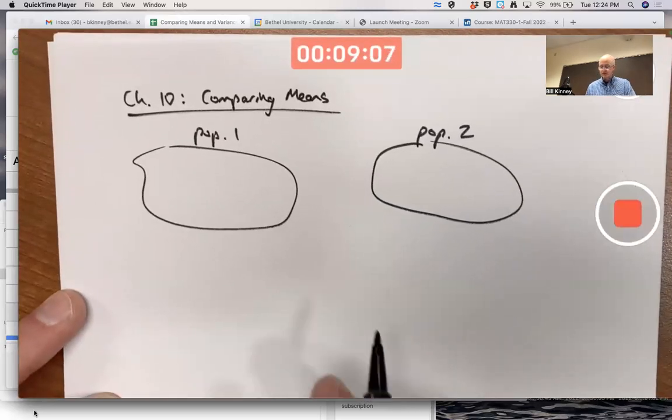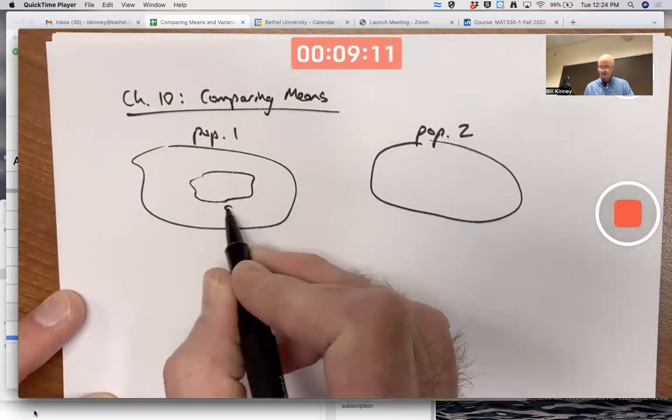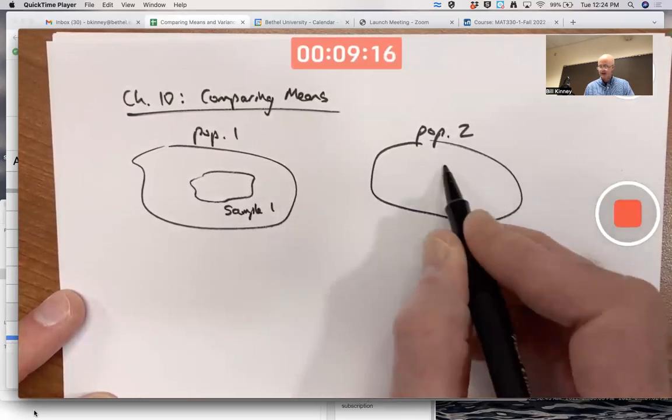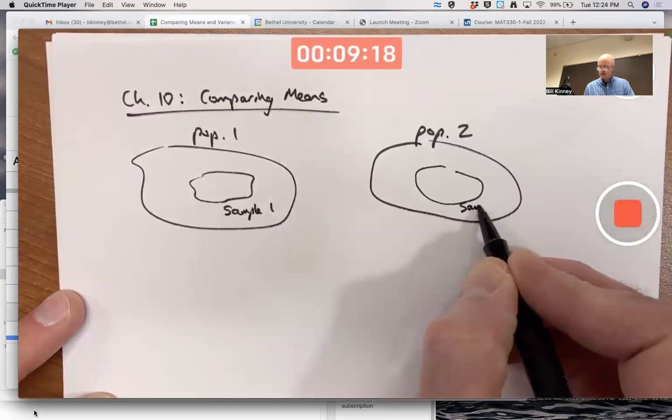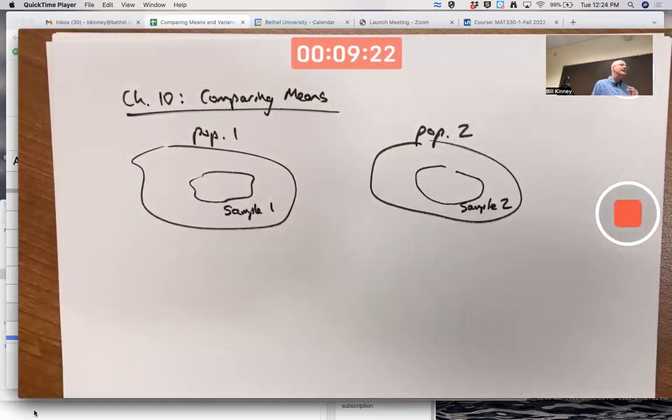And we've got two samples, two random samples, sample 1 from population 1 and sample 2 from population 2. Random samples. In the abstract, that means we've got, in each case, a certain number of random variables from the same distribution as the population.